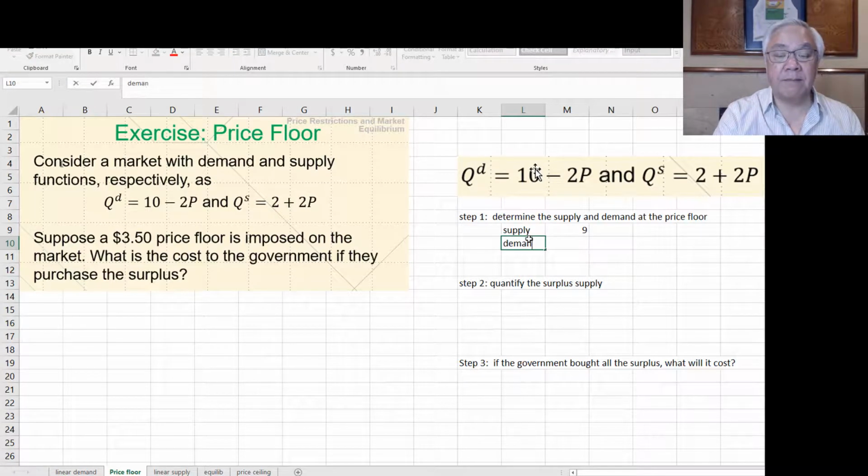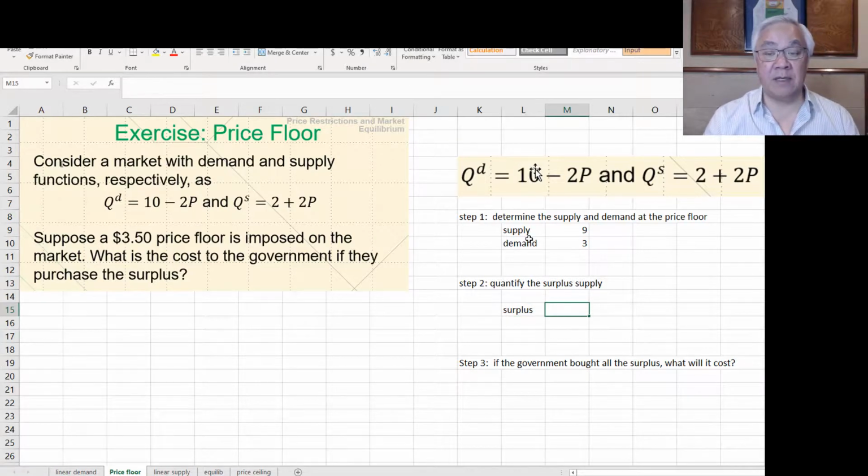Demand is 10 minus 2 times the price set, which is 3.5, is 3. So the gap is a surplus where we have more supply than demand, and it is equal to 9 minus 3, and that's 6 units.